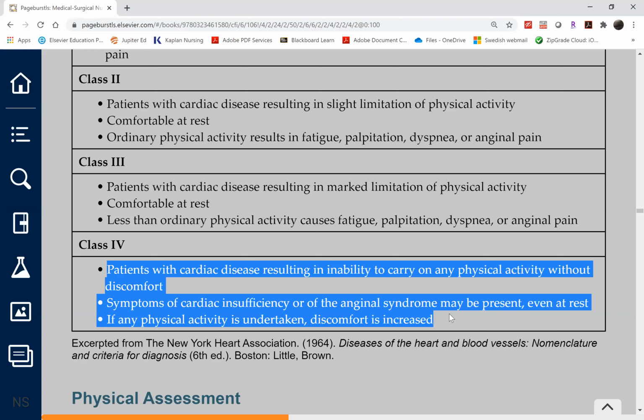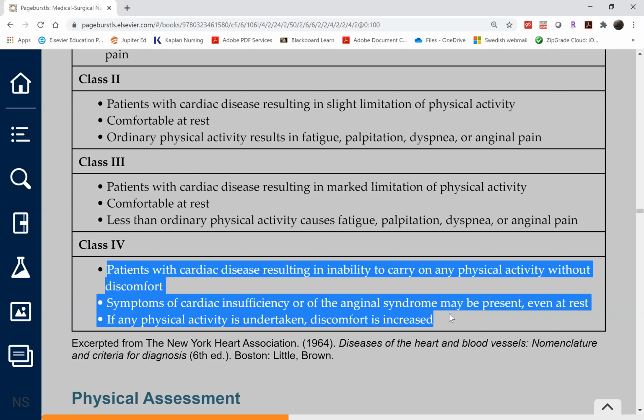If any physical activity is undertaken, discomfort is increased. All right, so do I need to memorize class 4? Because look at this. Even if they're not doing anything, do they have symptoms? Yes. Yeah, it says clearly there.